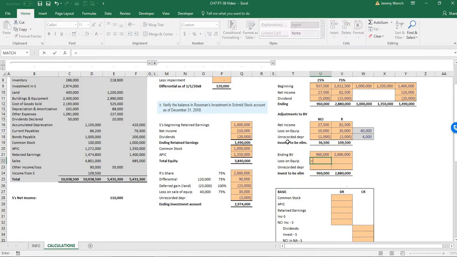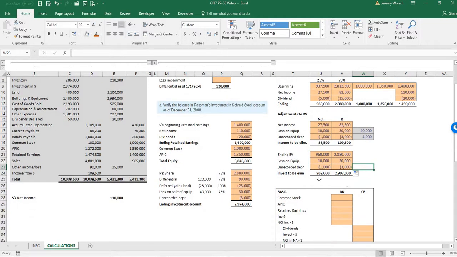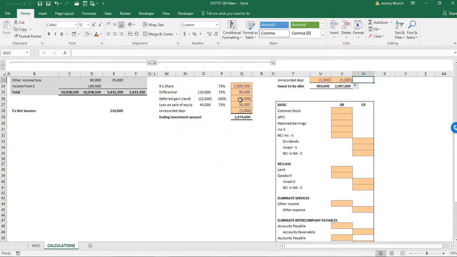We're adjusting it by the loss, and we're just adjusting it by the depreciation. So we can just carry those numbers down. So okay, so we have our book value calculations and our adjustment to book value, and that's going to help us actually do the basic journal entry.